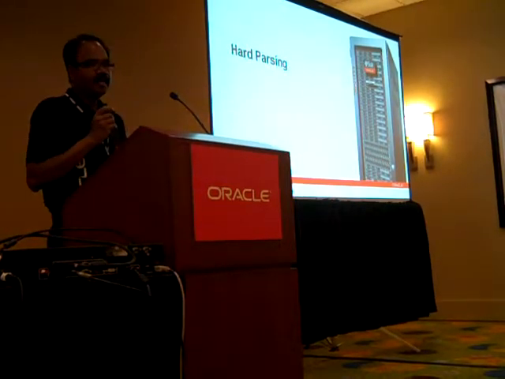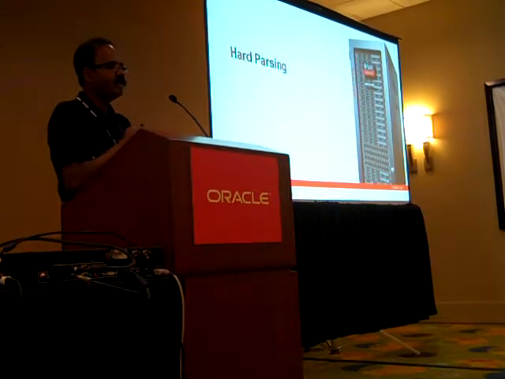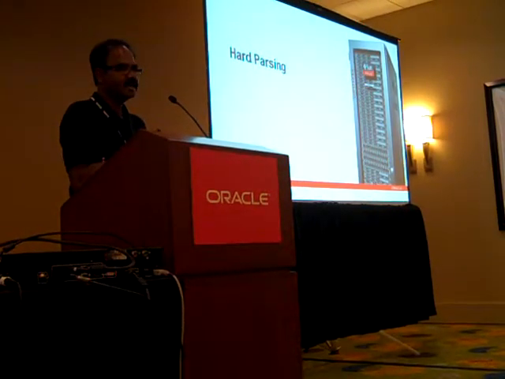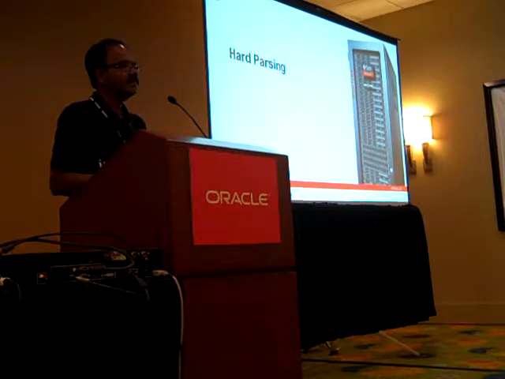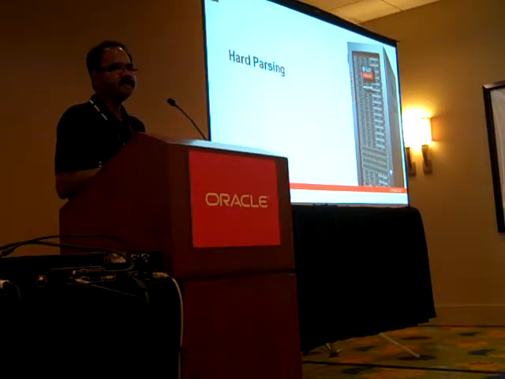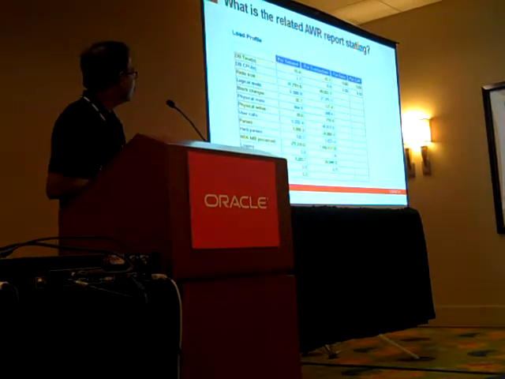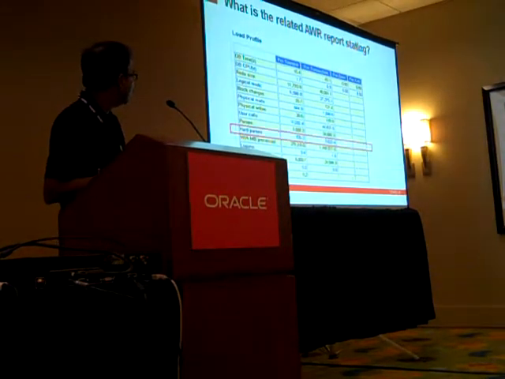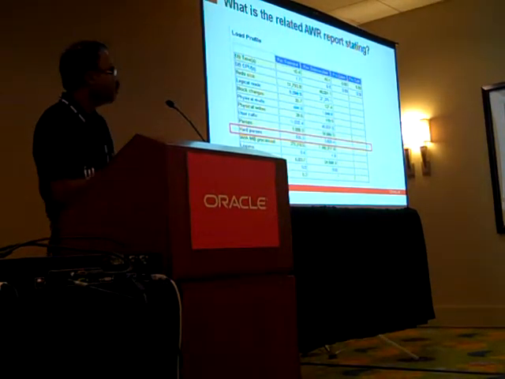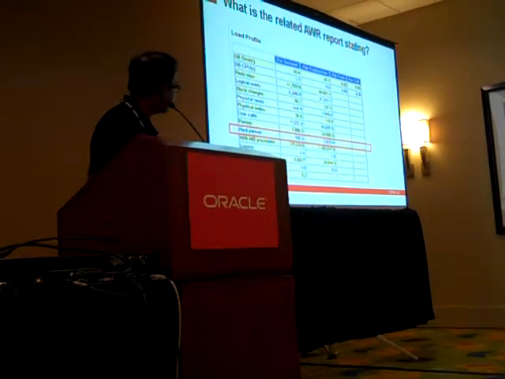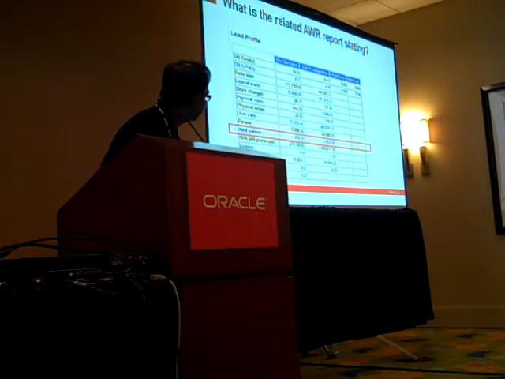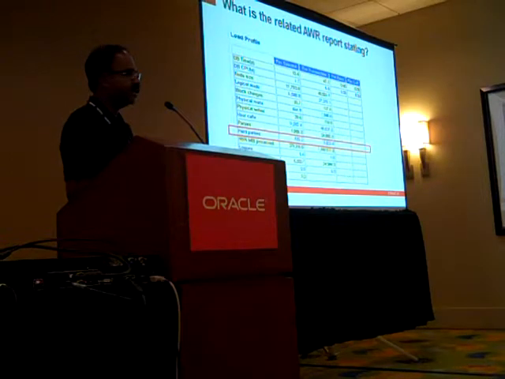So coming back to the best practices, we talked about connection management. One of the other best practices is with respect to hard parsing. If you look at this particular AWR report, there are about 920 hard parses per second.